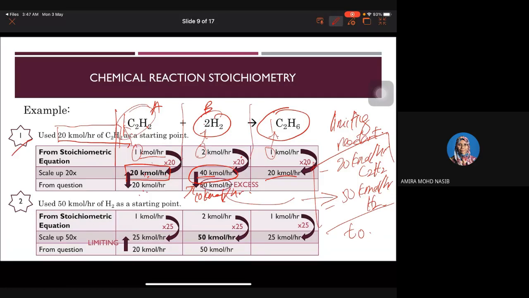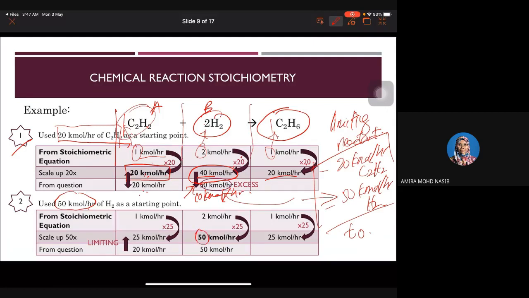So the second option that I use is I'm using 50 kilomole of hydrogen. Okay, because why 50? Because it's stated in the question. So 50 kilomole per hour.